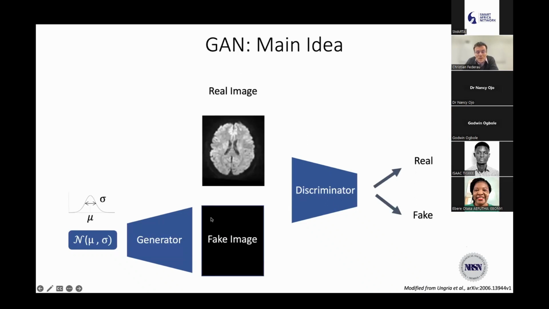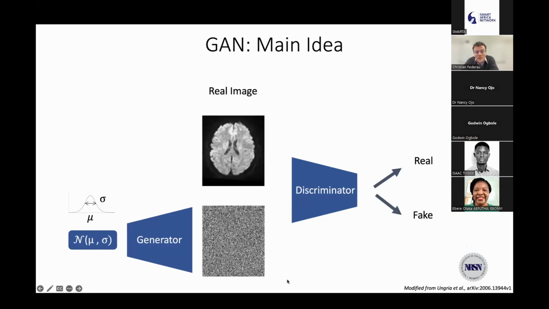So you're going to try to build fake images, and at the same time, you're going to have a network that's going to try to differentiate between fake and real. And the trick of this is you're going to train the networks at the same time. The discriminator has to learn how to discriminate between fake and real, and the generator has to build images that look as real as possible in order to prevent the discriminator from finding the difference.